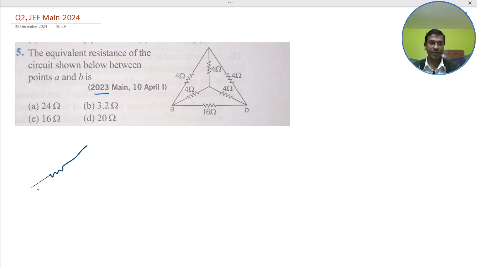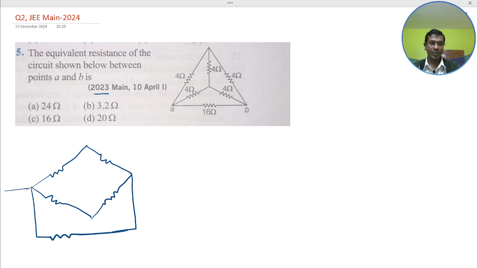This one is 1, 2, 3, and this one is 4, and I connected another resistance here. This is point A and B, here another resistance 4 ohm, 4, 4, 4, 4, 16 ohm. So this is a Wheatstone bridge format.